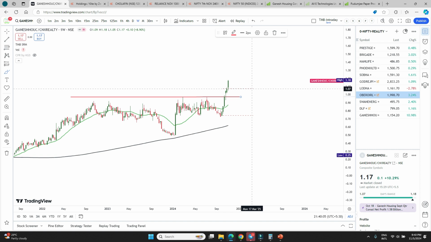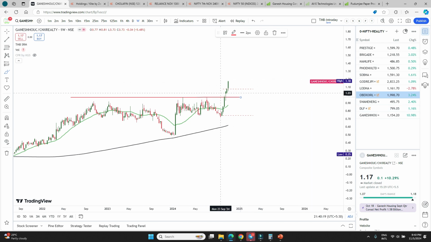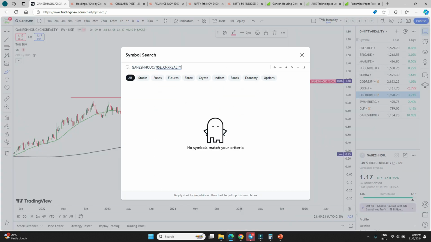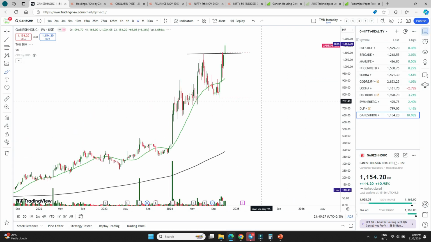Oberoi Realty is a better company, but I had two options and selected one by comparing things. So Ganesh Housing is my final pick. Now I want to calculate the risk reward for this.